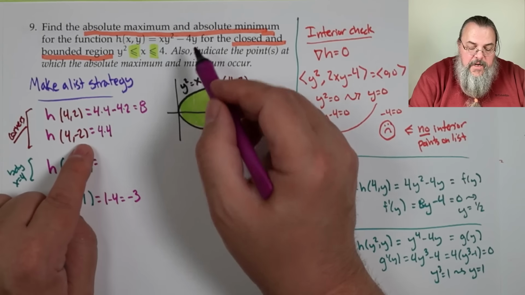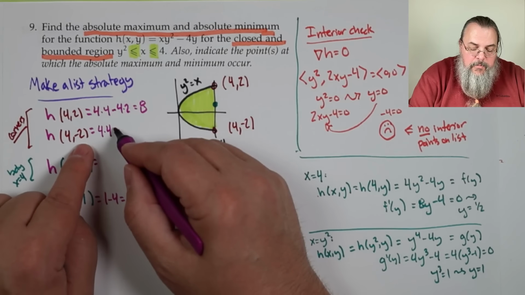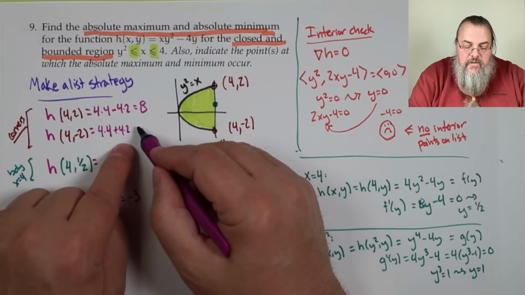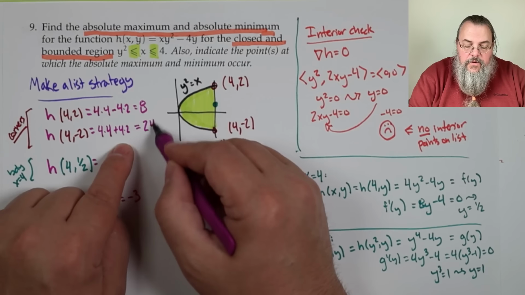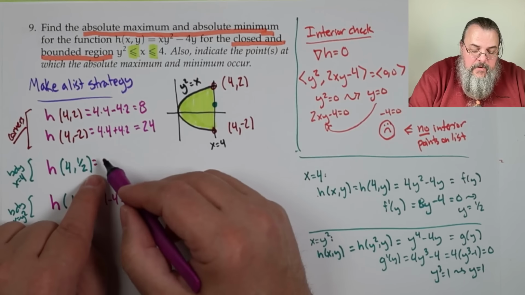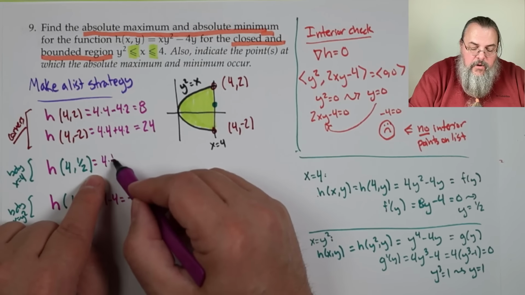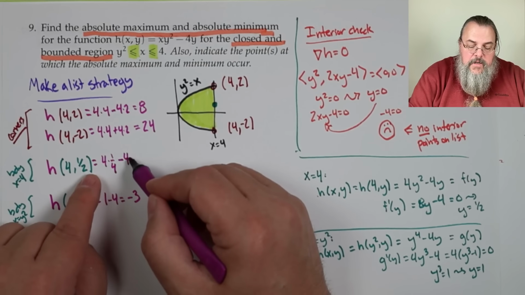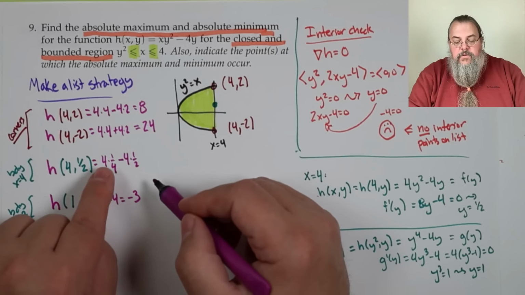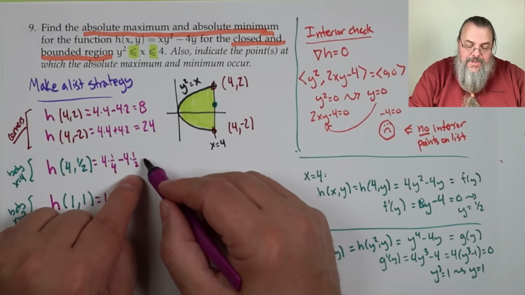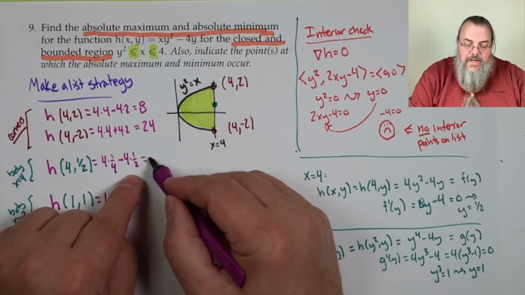Subtract 4 times minus 2, so that's going to become plus 4 times 2. So that's 16 plus 8, 24. Here, 4 times a half, so we're going to get 4. A half squared is a quarter, minus 4 times a half. That's 1 minus 2, which is negative 1.